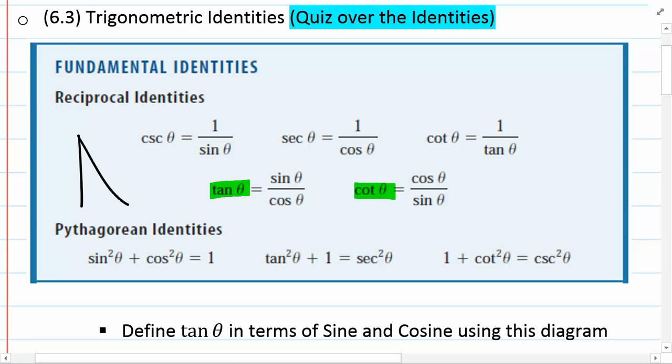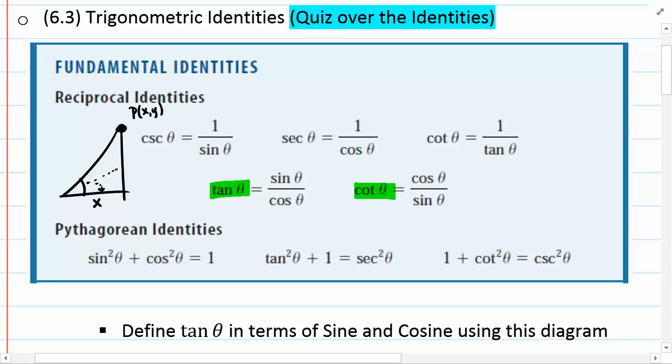If I sketch a quick triangle here with an angle measured theta, actually let me put it in the same orientation we're used to seeing it. So with theta down here, this would be our opposite side, and this is our adjacent side down here. Now, we're used to seeing this point P on our unit circle with some x and y value associated with it.